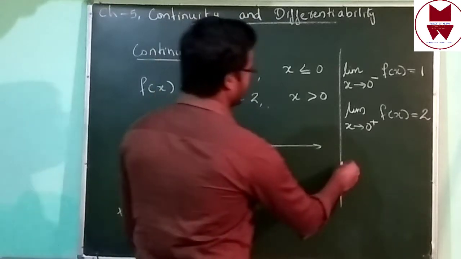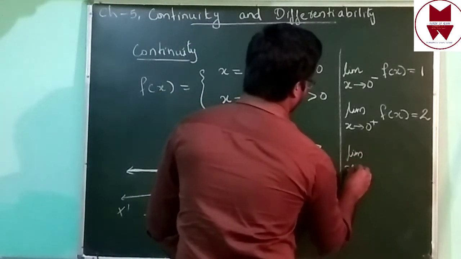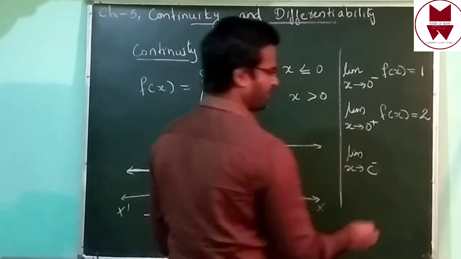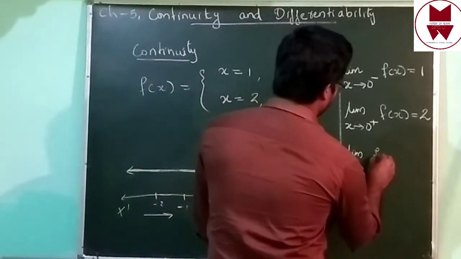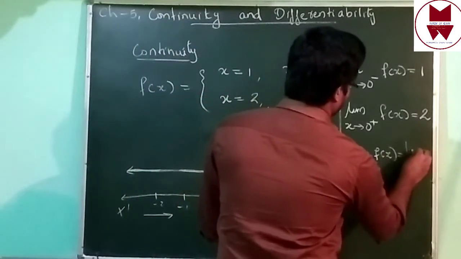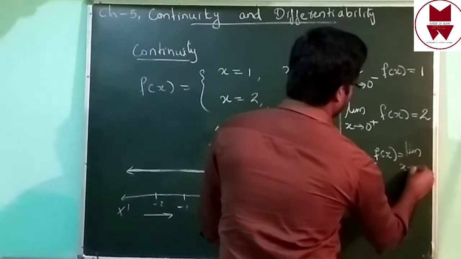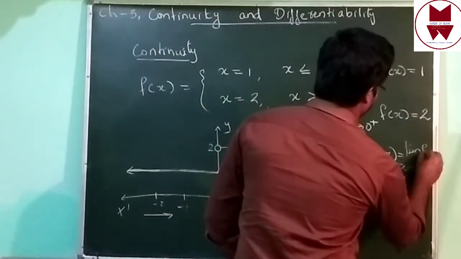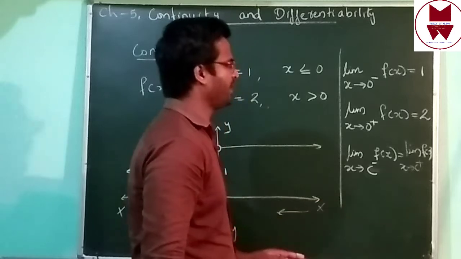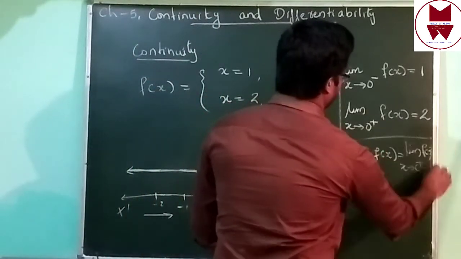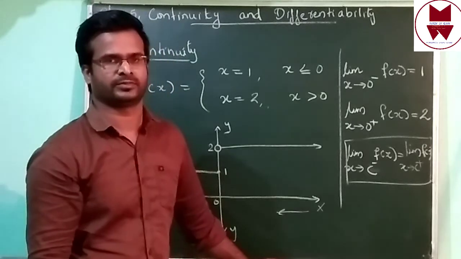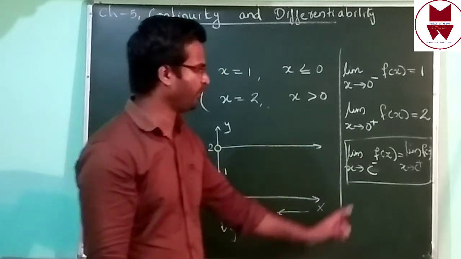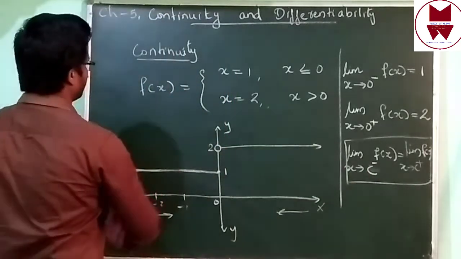We can write limit x tending to c minus, any number c minus we can take, f of x equal to limit x tending to c plus f of x. Here c means one number, in this case 0. That means if LHL and RHL are equal, then the function is continuous. We have to check this point also. See, in one graph we can see another example.